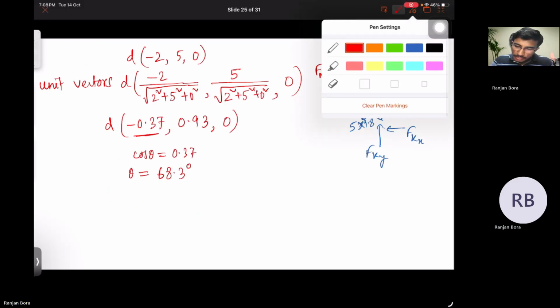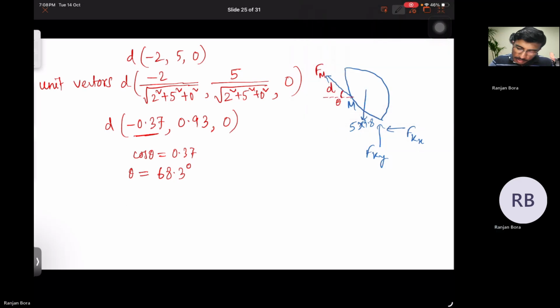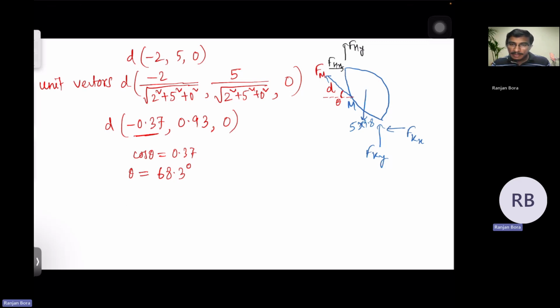So we'll assume the hip joint force. Let us take this Fhx and Fhy. So here again we'll apply the equations of equilibrium. Summation Fx equal to 0.